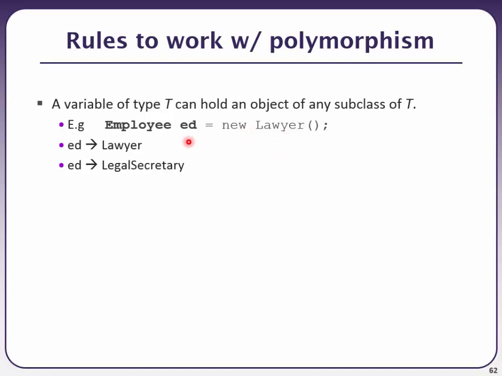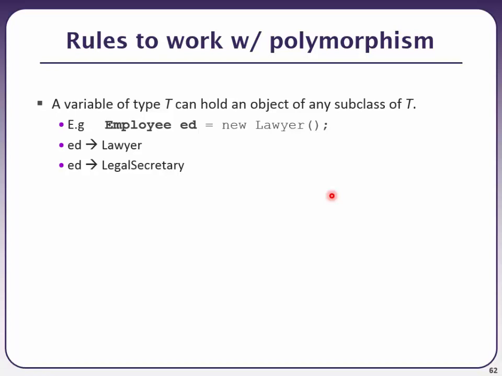So any of the subclasses, direct subclass, or subclass by transitivity, like for example, the employee superclass had a subclass named secretary, which had itself a subclass named legal secretary, okay?